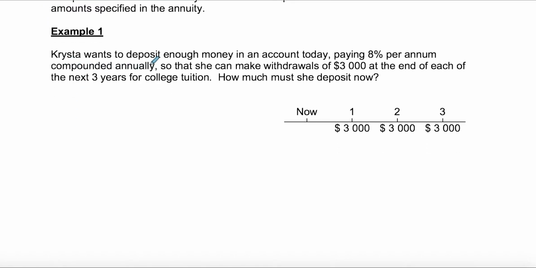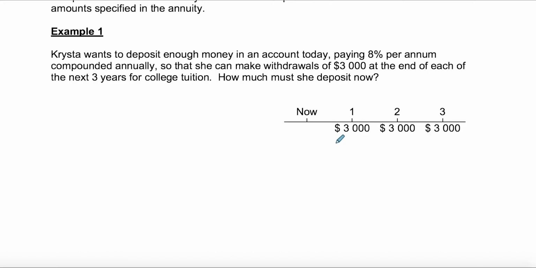Krista wants to deposit enough money today into an account that is going to earn 8% per annum, compounded annually. Then she wants to make regular withdrawals of $3,000 at the end of each of the next 3 years. So at the end of each year, she wants to take out $3,000.